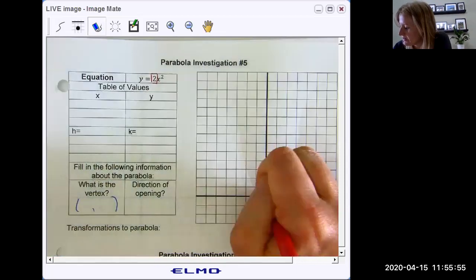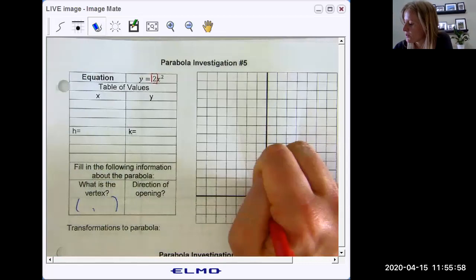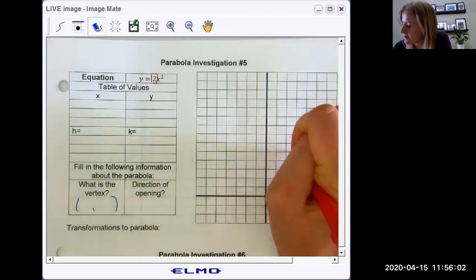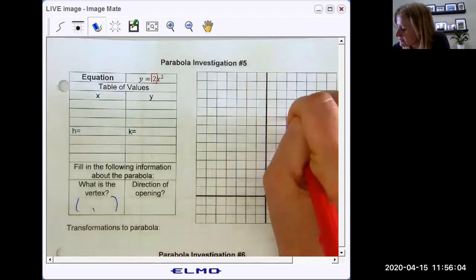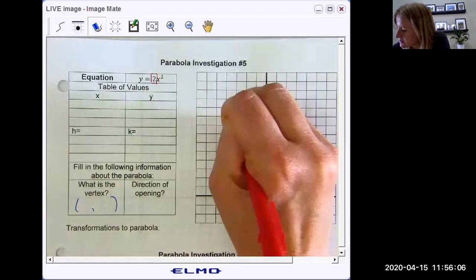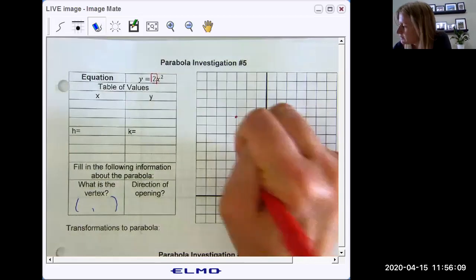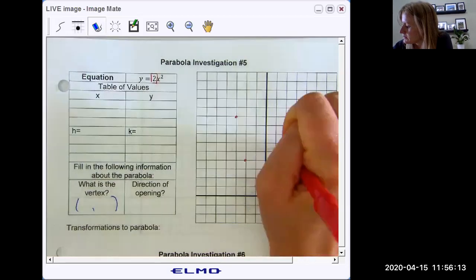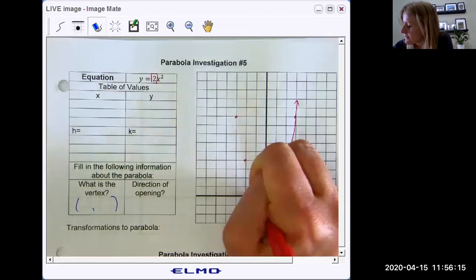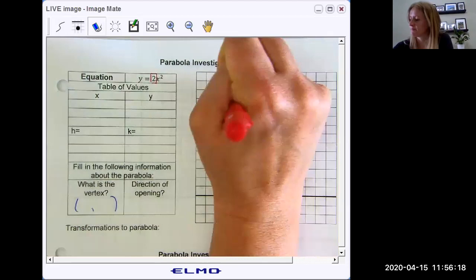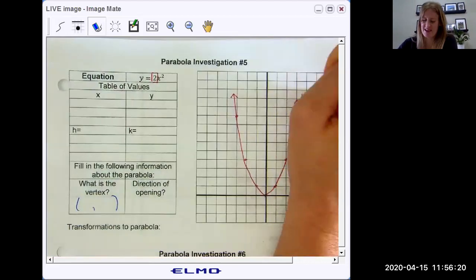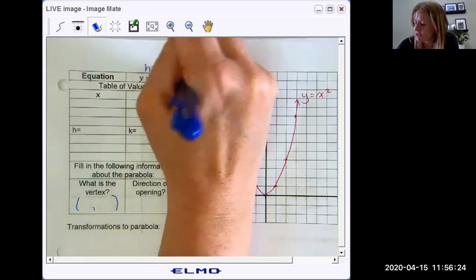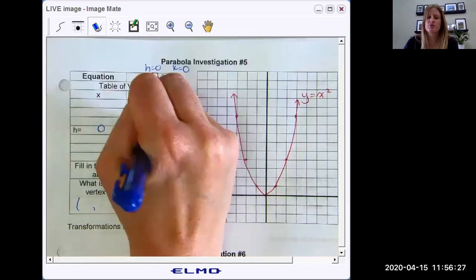As I draw our parent function, over 1 up 1, over 1 up 3, over 1 up 5. Yeah, our H and K values are 0. So our vertex is at 0, 0. Nice work, folks.